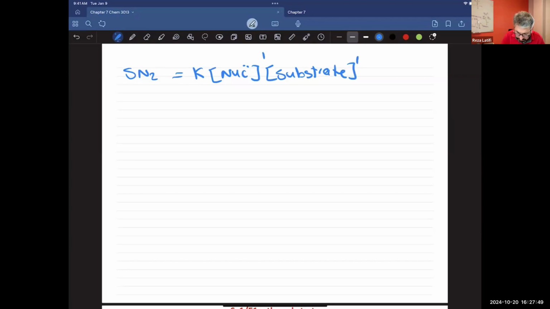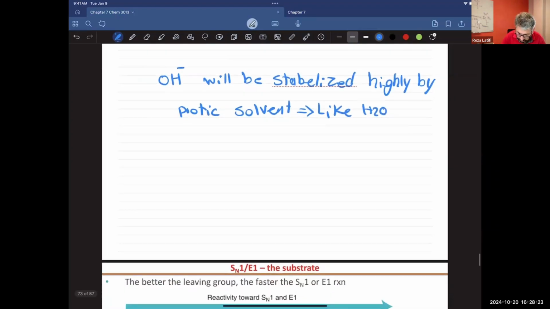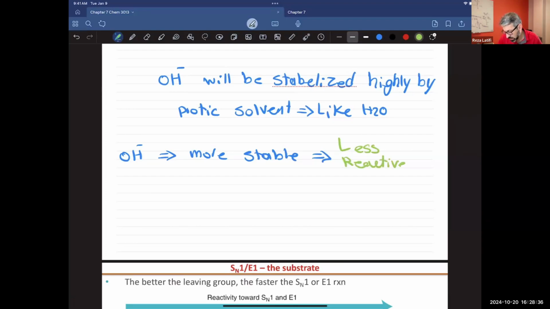Now, if your nucleophile is something like OH, that OH will be highly stabilized by a protic solvent, like, say, water. What does it mean? More stable means less reactive. More stable, less reactive.